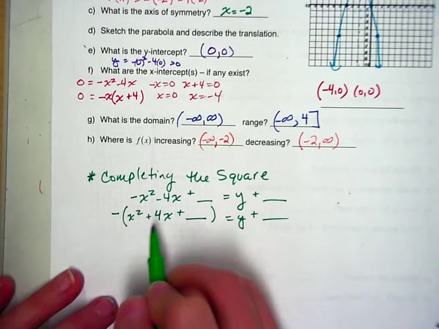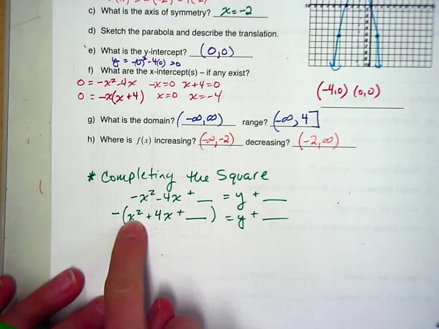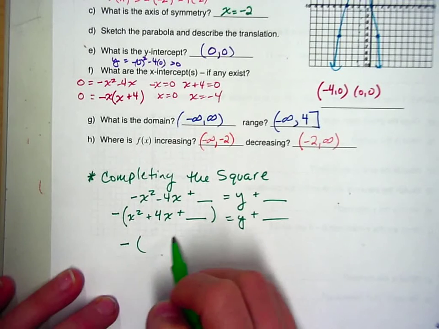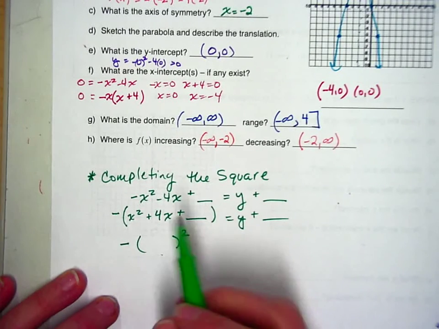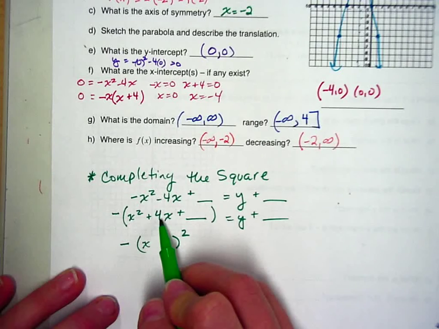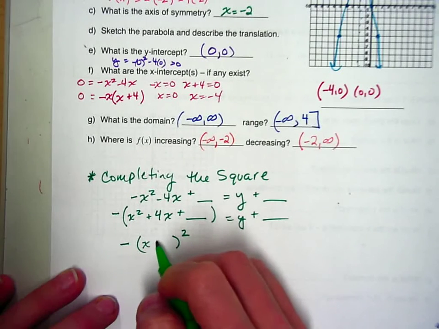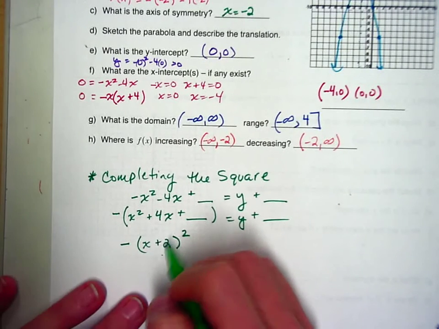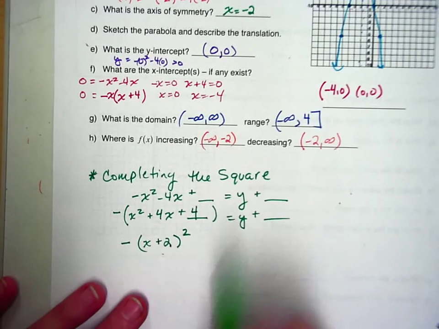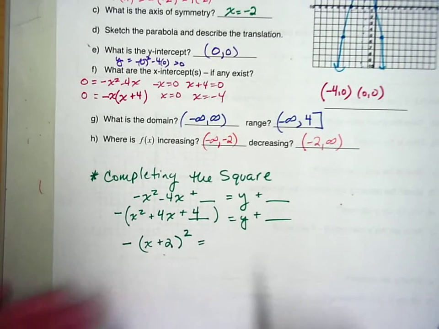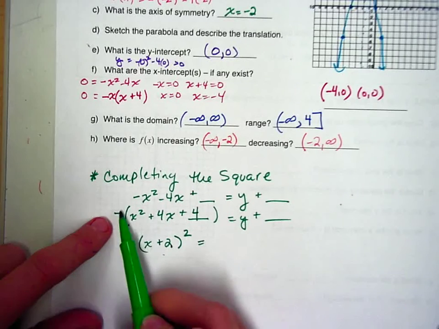Now that I factored that out and the leading coefficient is 1, I can complete the square. To complete the square, if you recall, we take half the middle term, so half of 4 is a positive 2. We square that and we get a 4. However, we need to redistribute this.